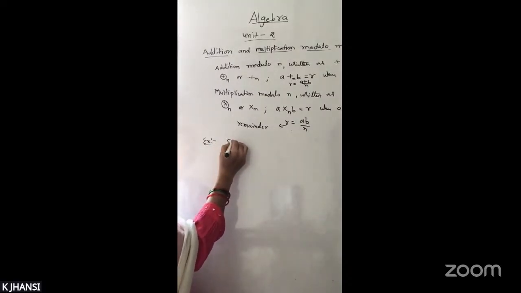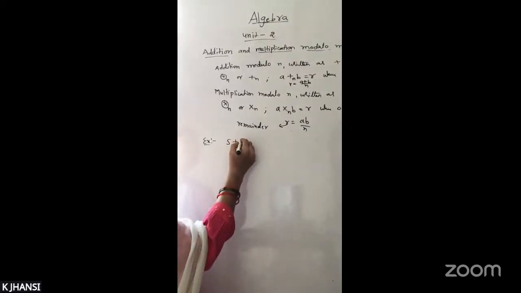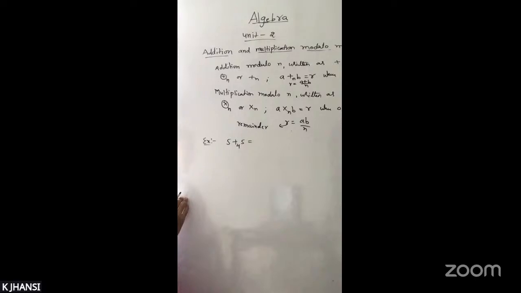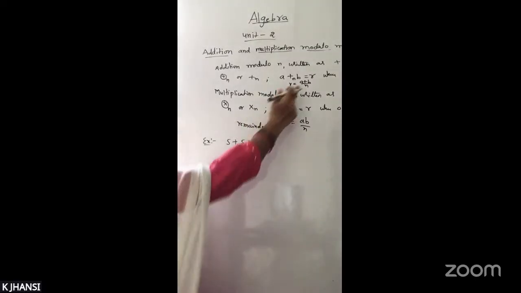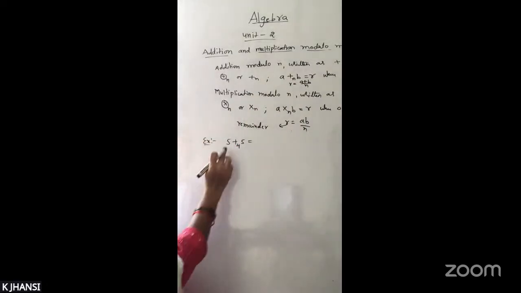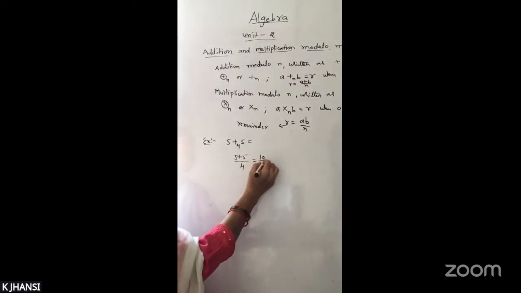5 addition modulo 4 plus 5 is equal to. When it is addition modulo, it is a plus b by n. So a plus b means 5 plus 5, and n value is 4. That is 10 by 4.